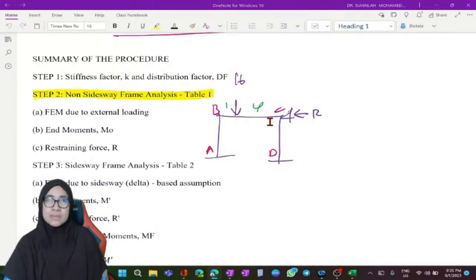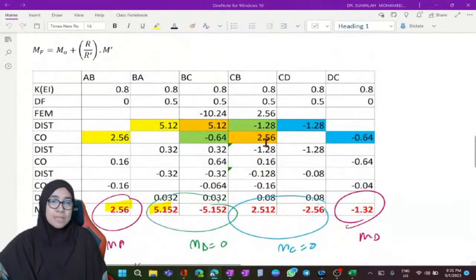External loading is the given value in the question, where we can calculate the FEM, fixed end moment, directly, and we use that FEM value in table number 1 as the first member end moment in the table.